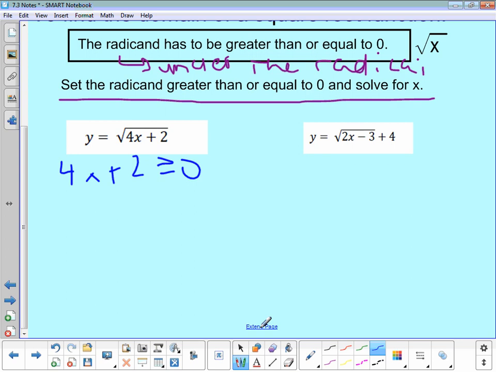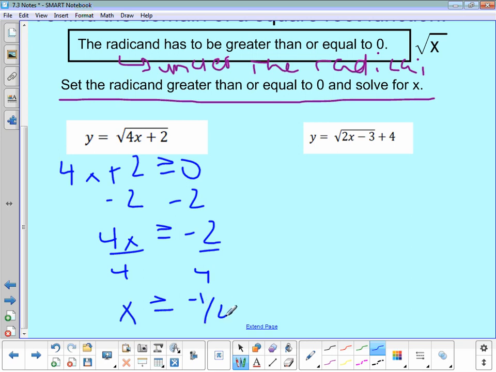I need to subtract the 2, so I have 4x is greater than or equal to -2. Then I'm going to divide by 4, and I end up with x is greater than or equal to -1/2 when that's reduced. So that's my domain for that function.